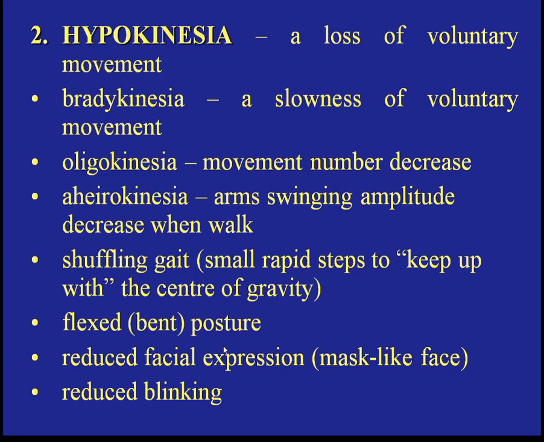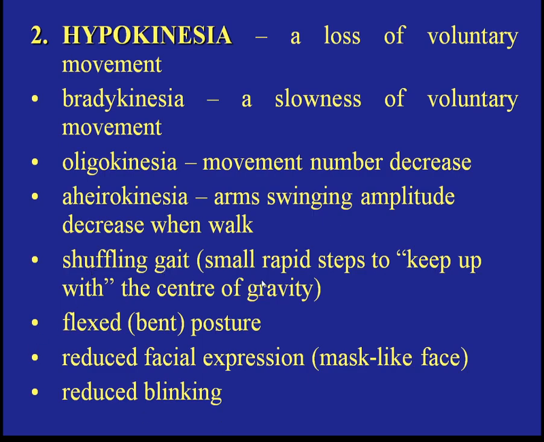There are terms describing hypokinesia and oligokinesia of patients with Parkinsonism. Hypokinesia, loss of voluntary movement. Bradykinesia, slowness of voluntary movement. Oligokinesia, movement number decrease. Acheirokinesia, arm swinging amplitude decrease when walk, and extremities are situated close to trunk.